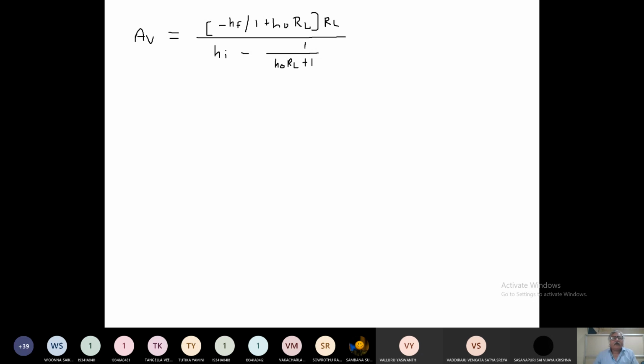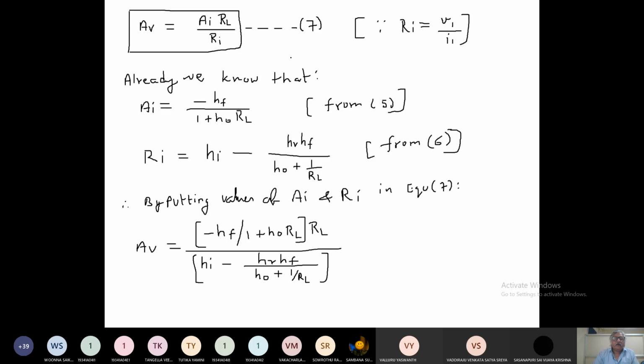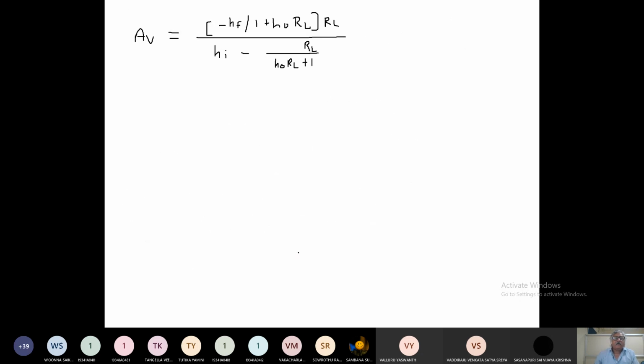So I will bring RL here, right? And here in this numerator, this HF you are having there, so RL will be multiplied with that: HR HF. This we get.